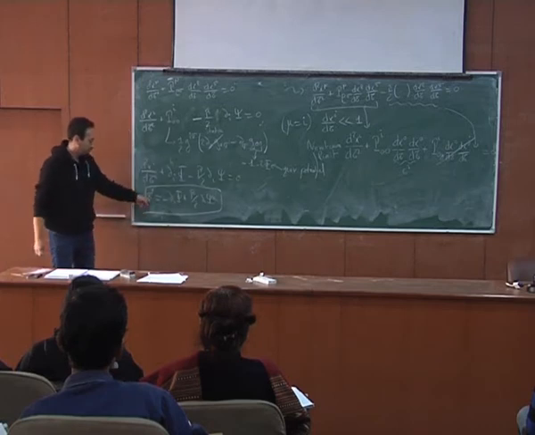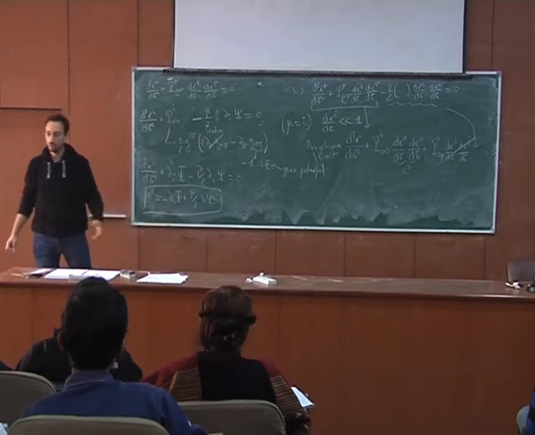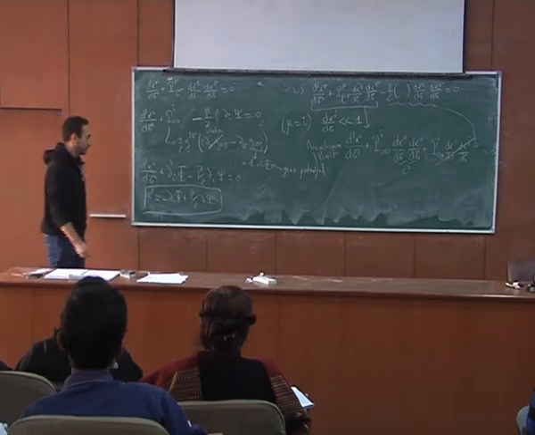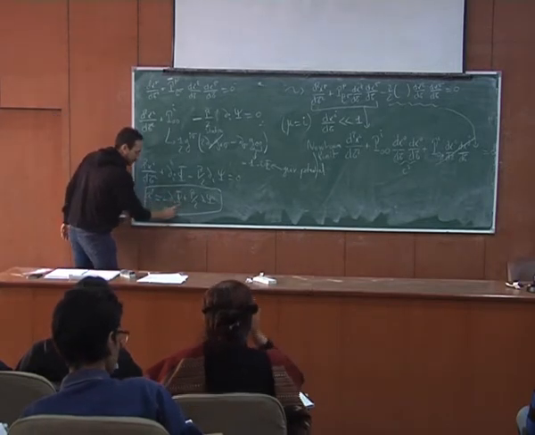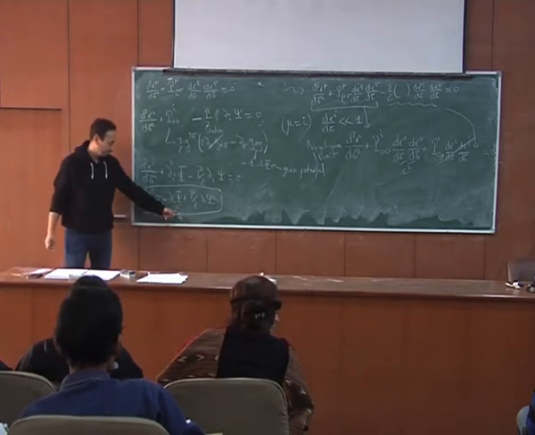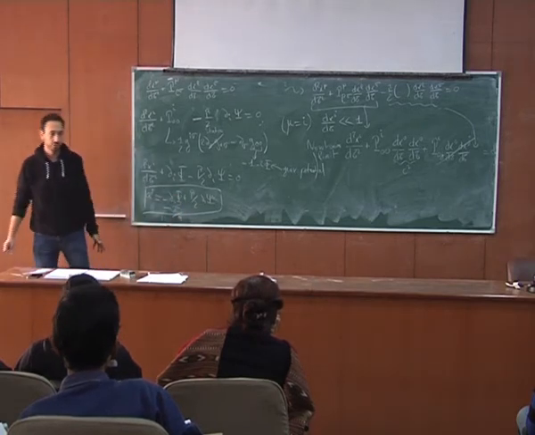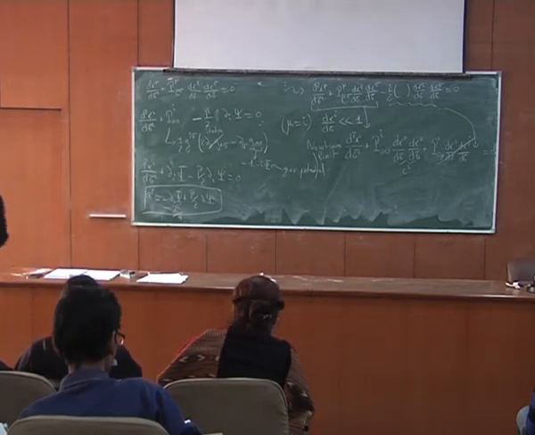Remember that minus the gradient of the potential is the Newtonian force. This is the Newtonian force divided by the mass. The force is mass times minus the gradient of the potential. So this is exactly the Newtonian force.